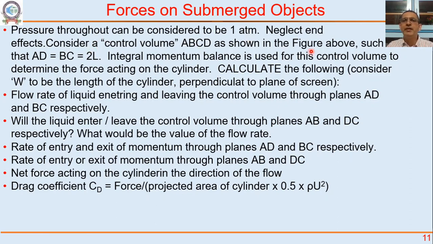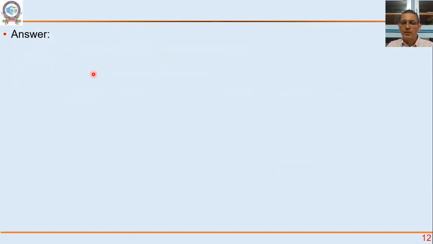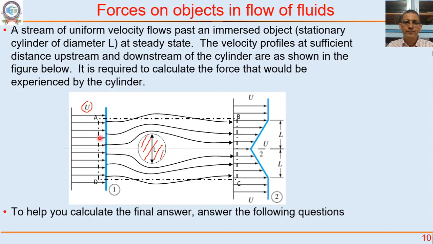Consider control volume ABCD as shown in the figure, such that AD equals BC equals 2L, two times the diameter, and the velocity profile is like this. Why we are considering 2L is because the velocity is reduced here, and it recovers to the original value U by the time you travel a distance L in this direction and L in this direction.